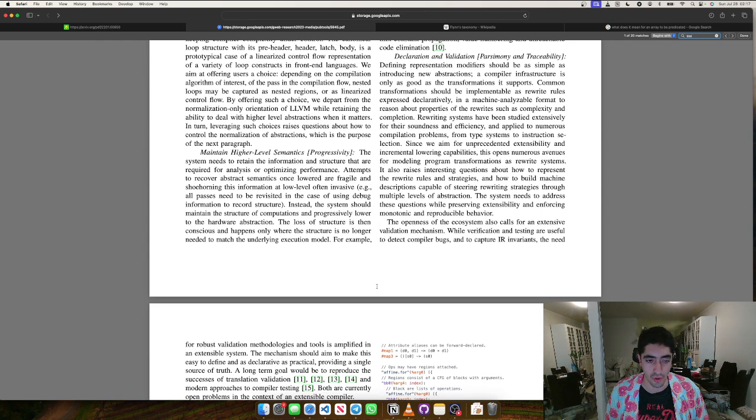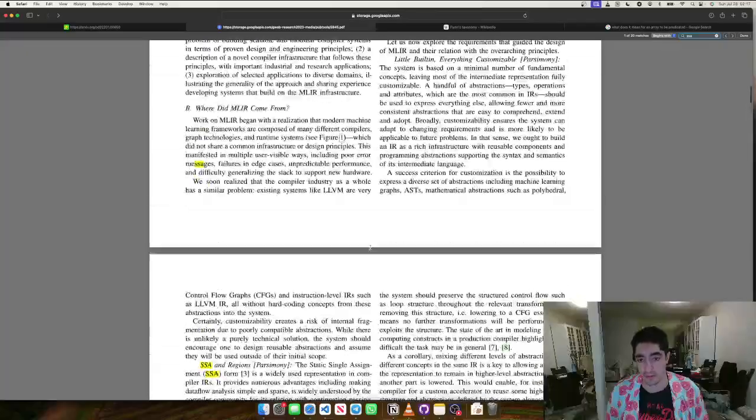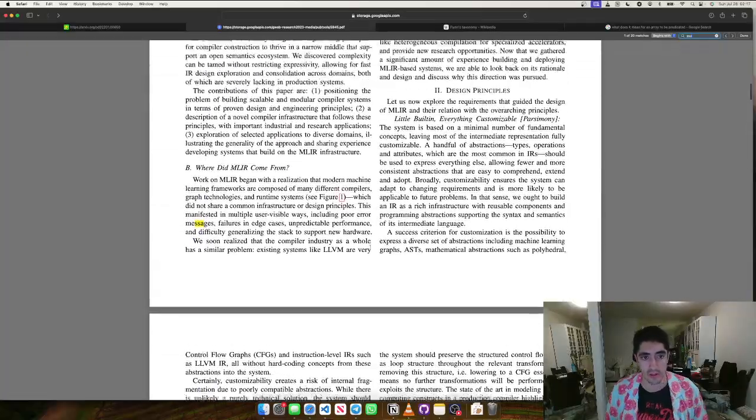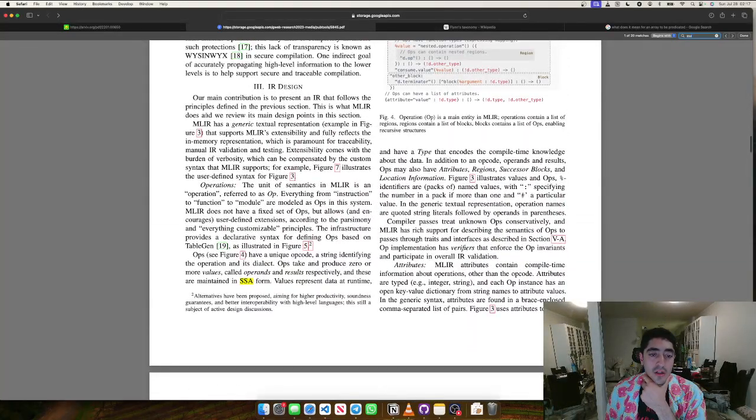The loss of structure is then conscious and happens only where the structure is no longer needed to match the underlying execution model. For example, are we here? No, around here. Alright, so we've jumped to figure 7. That's where we went. They were like two affine, whatever affine is.